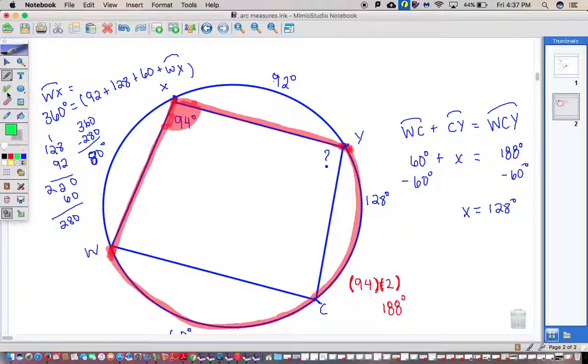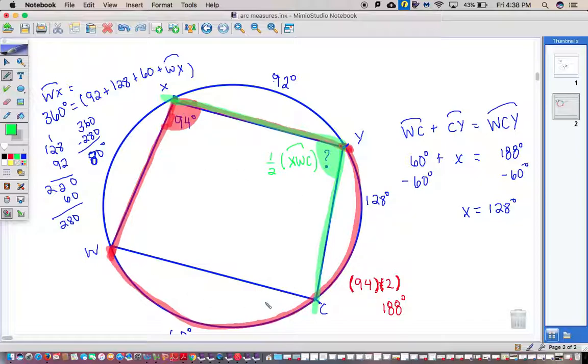Okay, so now what I'm looking for is this angle right here. What I know is that this angle is equal to 1/2 the measure of arc XWC.